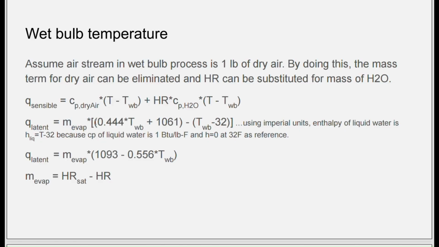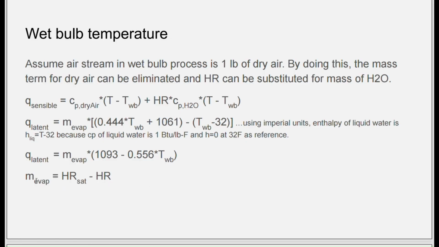Okay, and then we can further simplify this into this equation here by taking the difference of these two terms. So we get mass of water evaporated times 1093 minus 0.556 times temperature. You may see this elsewhere as an equation for latent heat of water as a function of its temperature.